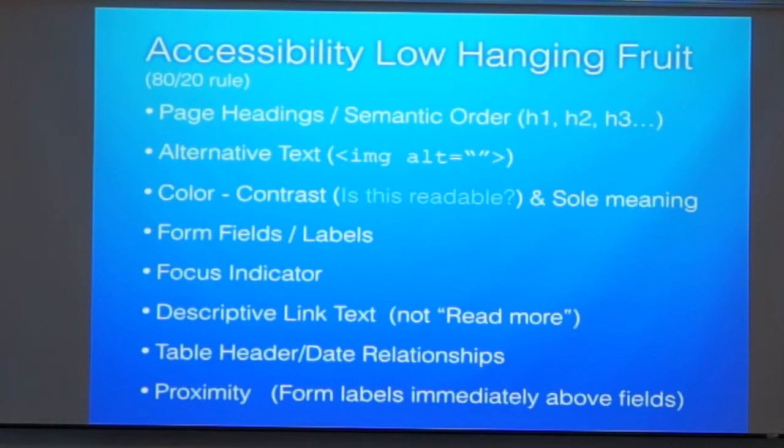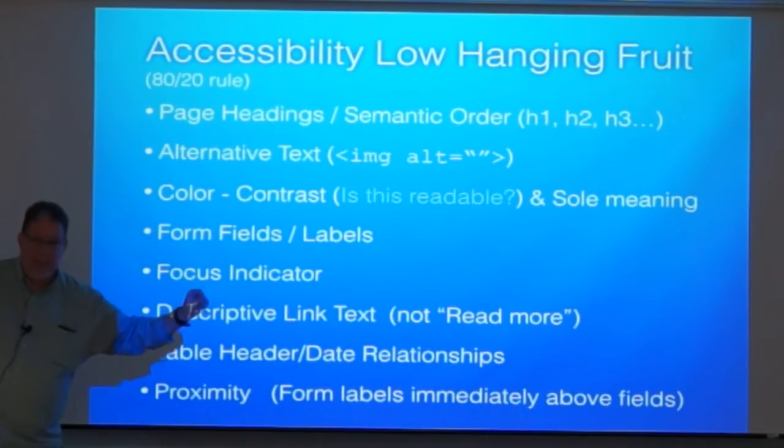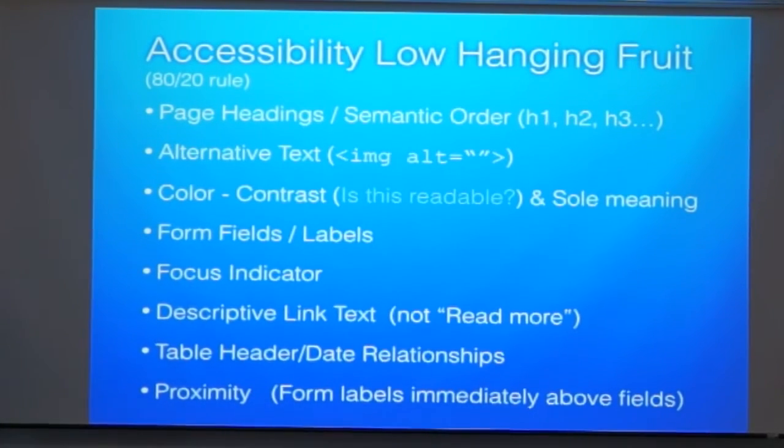Think about the context of the image. Every inline image element should have an alt attribute. The value of that alt attribute depends on the context. If it's design, you don't need to tell the user that it's an upper right-hand curved corner.